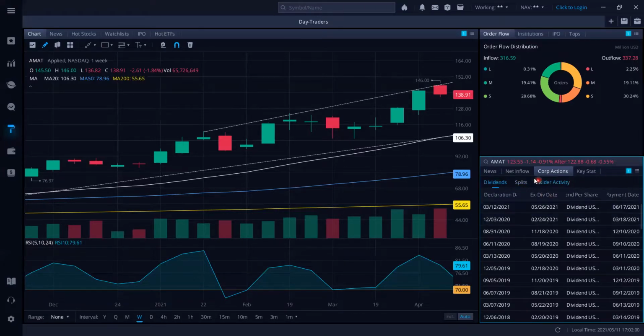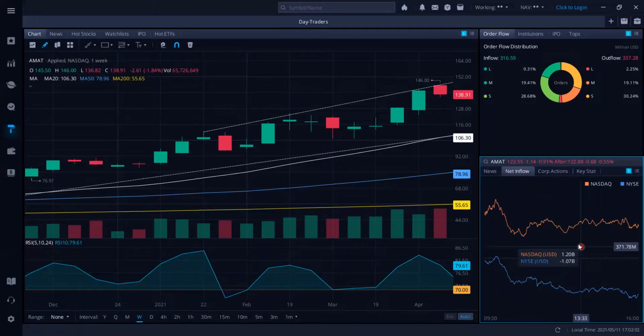Dividend May 26. Okay. So we've got more outflow than inflow, as you can see. You see that? See our order flow? You've got our order flow right there. It's 333 million on the way out.